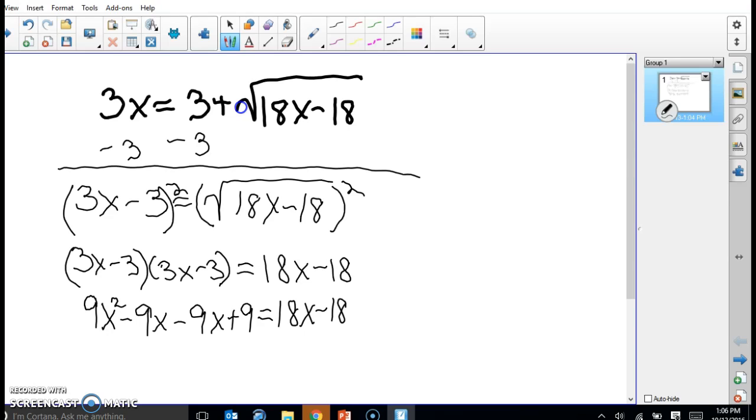So, combining like terms. Alright, so now we're going to move this 18x and the 18 over so that our equation equals 0, and then we'll be able to factor to find our solutions.